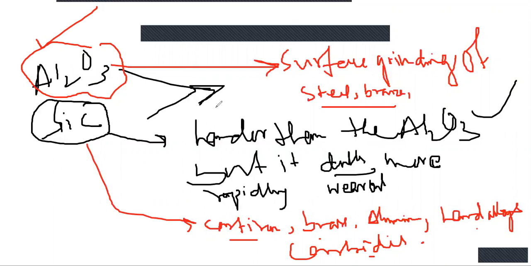So before grinding, we have to know the material of the job, or which type of job we have to grind. There are three types: silicon carbide, aluminum oxide, and diamond. Diamond is used for very hard types of material.